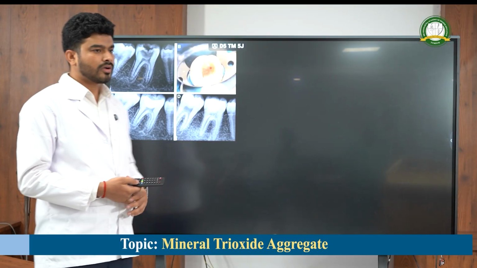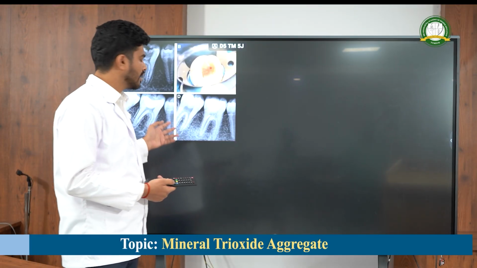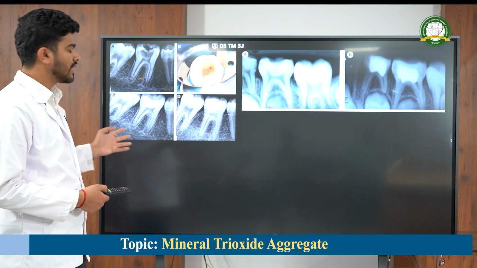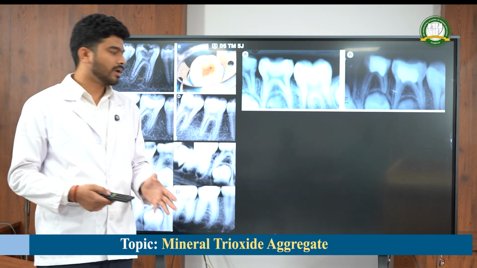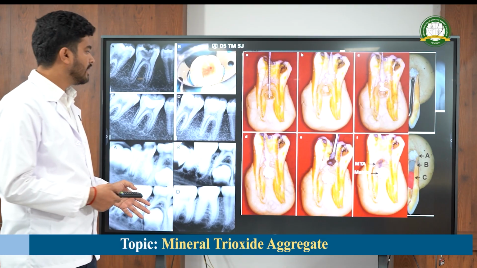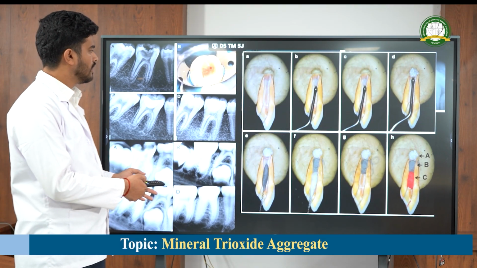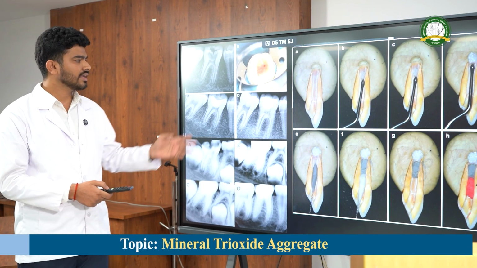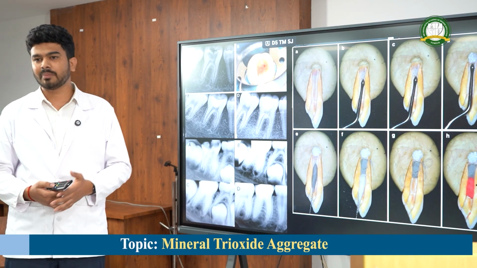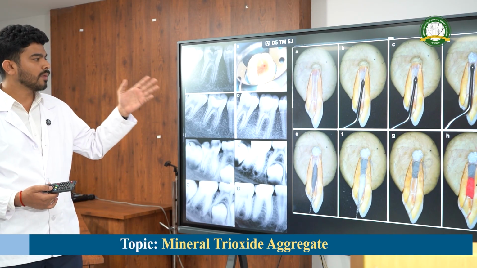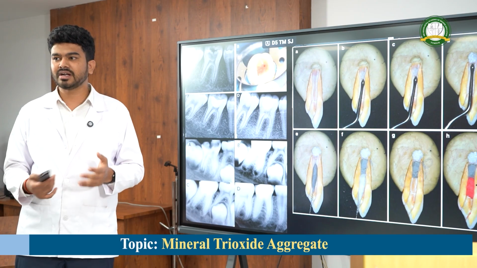Coming to the indications of MTA, we can use it in direct or indirect pulp capping in primary or permanent teeth, and pulpotomy in primary or permanent teeth. It is mainly used in open apex cases, where the procedure is called apexification, when there is no proper apical seal, or in blunderbuss canals.